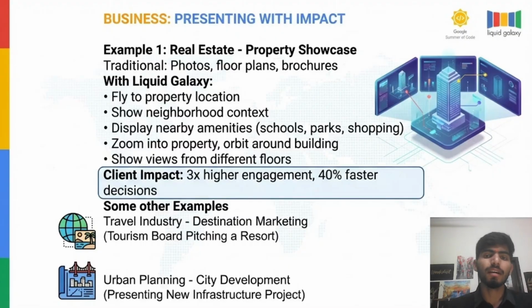Now let's see the example in the business sector. Let's consider a real estate property showcase. Traditionally we show the buyer the floor plan, the blueprint, the photo of the location, and the brochure. But with the Liquid Galaxy, we can show the buyer what the specific location is, how the neighborhood is, and what entities we can see there, like where the school is, how much distance it will take from home to school, and what the location of the park and the shopping market will be.